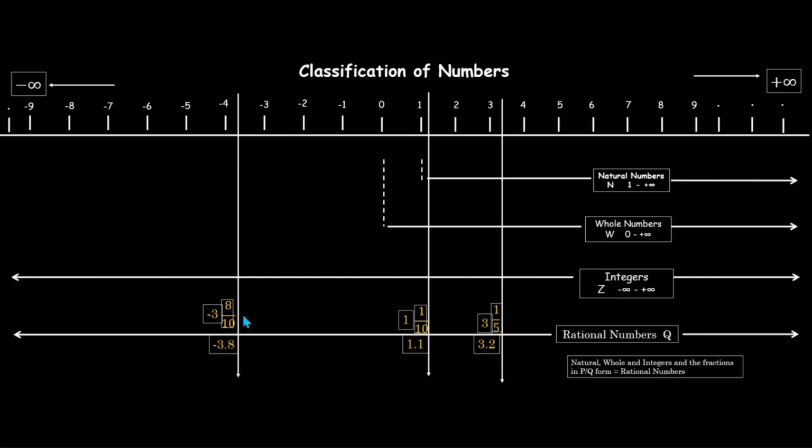Similarly, this is minus 3 8 by 10 in fraction form and minus 3.8 in decimal form. So rational numbers become a superset of integers and, in effect, whole and natural numbers as well. And all the three are subsets of rational numbers.